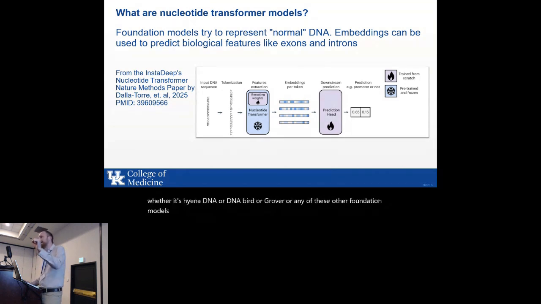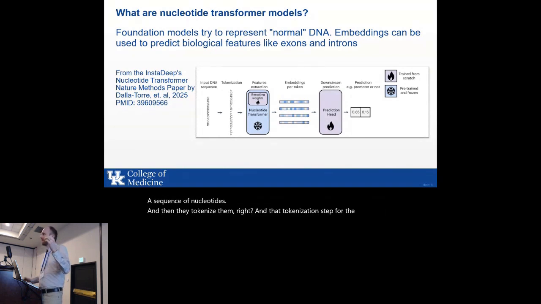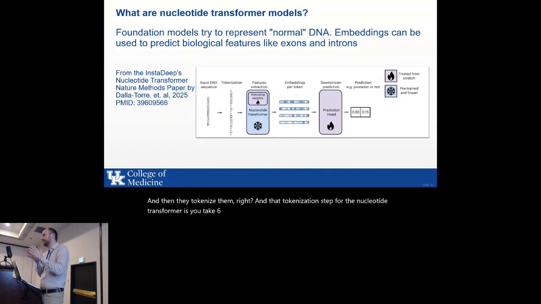They take in a sequence of nucleotides, and then they tokenize them, right? For the nucleotide transformer, the tokenization step is that you take 6 nucleotides and condense them down into a single token. Then you repeat for the next 6 nucleotides, which gives another token. All of those tokens are then passed into the trained model, okay?